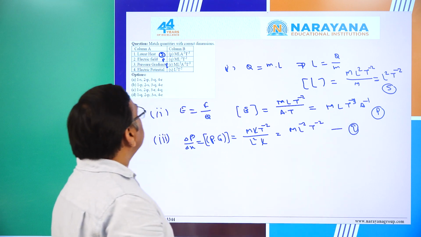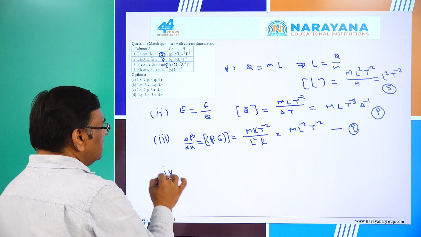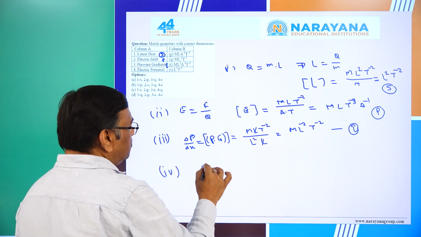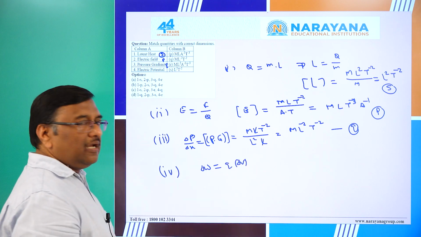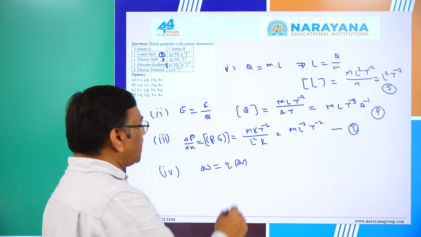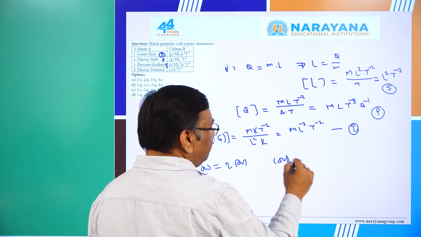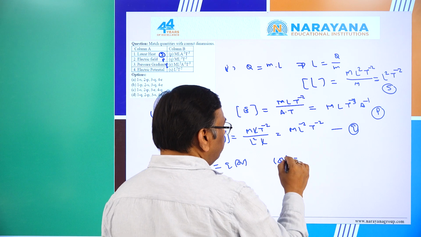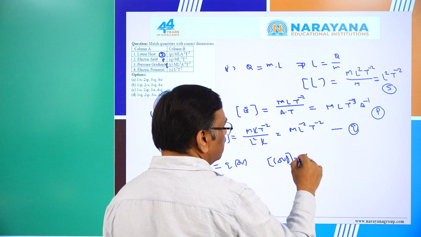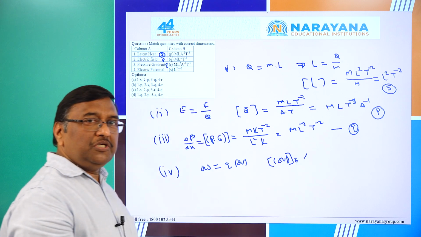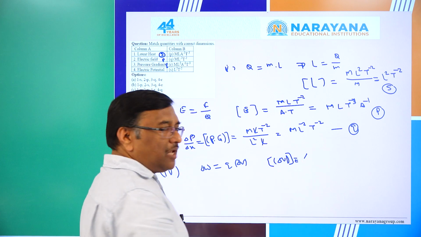Similarly, if you see the last one also, electric potential is the most simple one. Electric potential, how do we write the easiest formula? W, work done, is equal to Q into my potential difference. If you use this formula, it makes it much easier to get the dimensional formula for potential. The dimensional formula for potential difference and for potential is going to be the same, because according to homogeneity of dimensions, only those quantities can be subtracted or added which have the same dimensional formula.